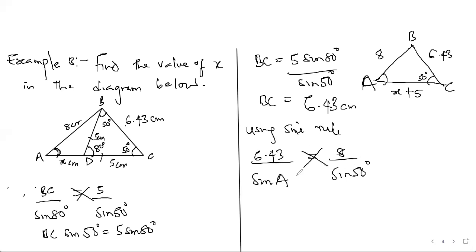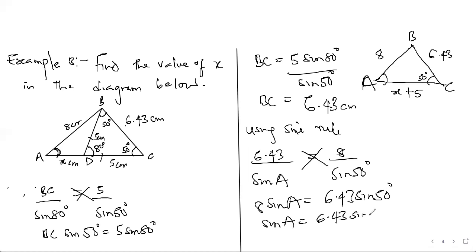If I cross multiply, then I'll have 8 sine A equals 6.43 sine 50. So sine A should be 6.43 sine 50 divided by 8. So 6.43 times sine 50 and divided by 8.